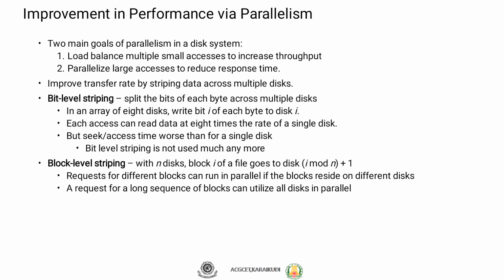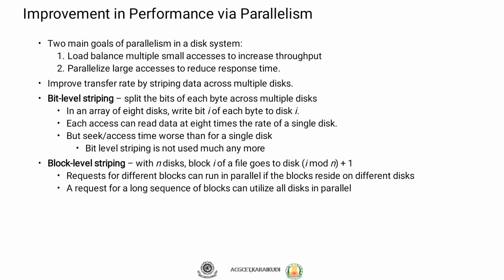Next, the improvement in performance via parallelism. Now let us consider the benefit of parallel access on multiple disks. With disk mirroring, the rate at which read requests can be handled is doubled, since read requests can be sent to either disk.